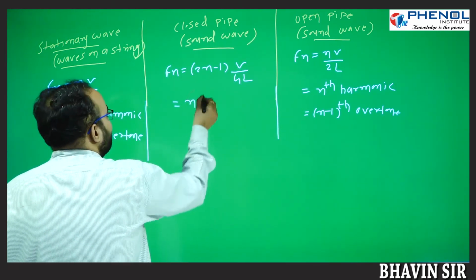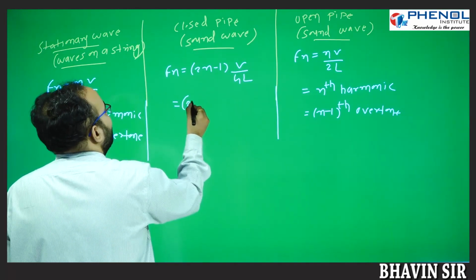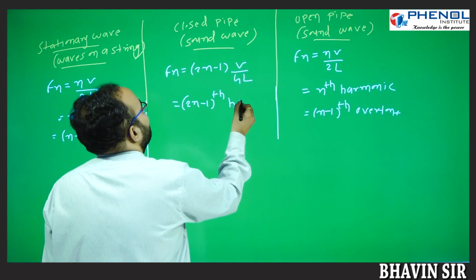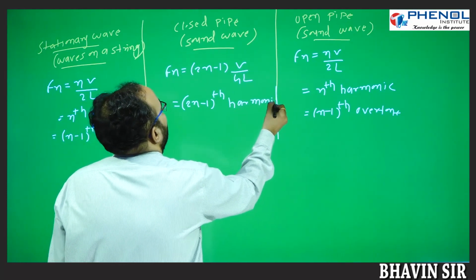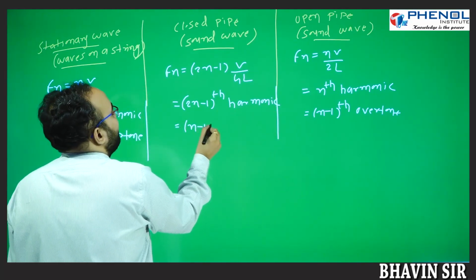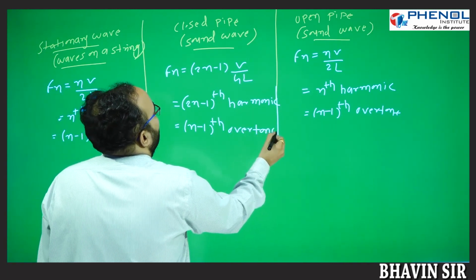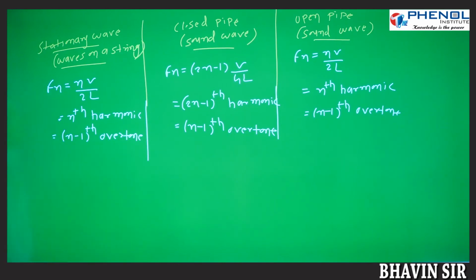But see students, in that case only odd harmonics are present, so 2n minus 1 is odd, and the 2n minus 1 harmonic and overtone are the same in all cases, n minus 1 overtone. So this is the stationary wave, meaning waves on a string, closed pipe and open pipe.